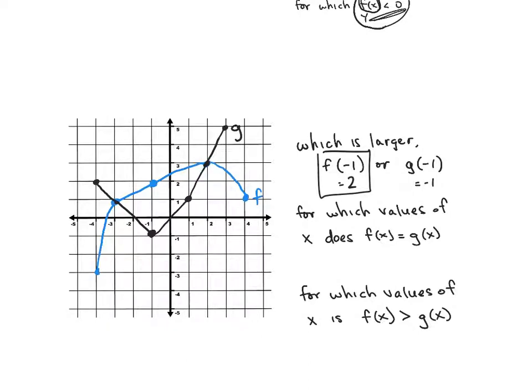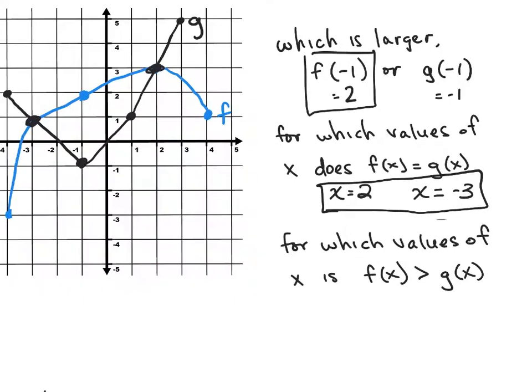So what are the 2 points, since there's 2 intersection points, what are the 2 x values that coincide with those intersection points? It's here and here. So the x values would be x equals 2, and x equals -3. For those 2 x values, the functions share the same y values.